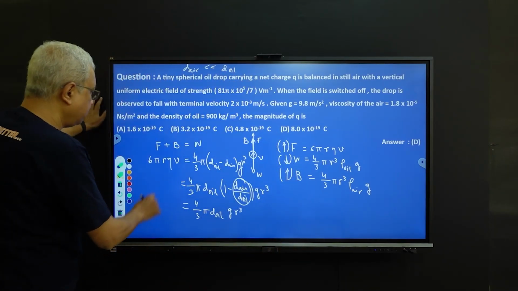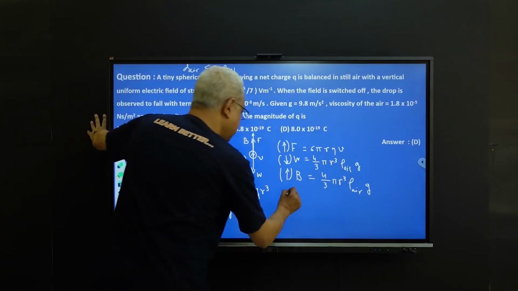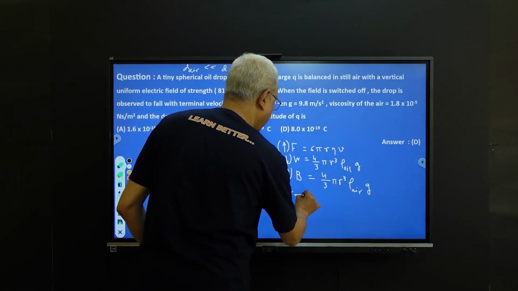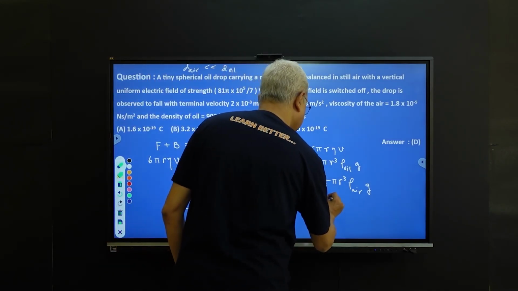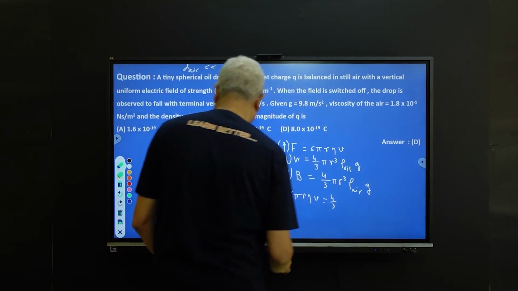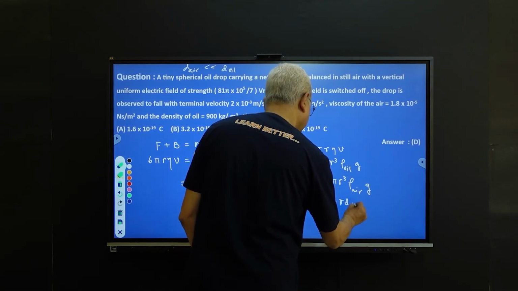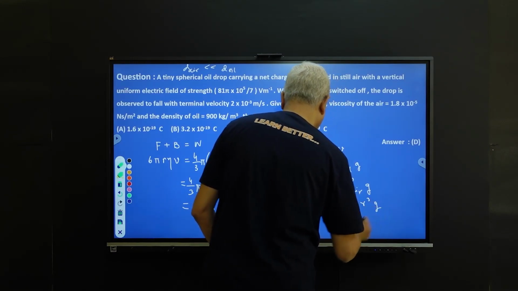So from this expression, what you can do? 6 pi r eta v equal to 4/3 pi d oil r cube into g.